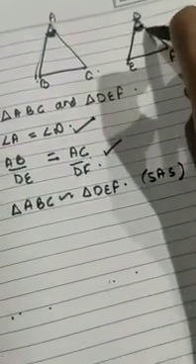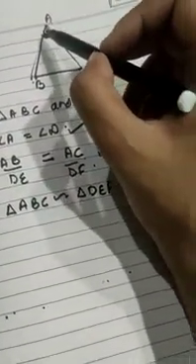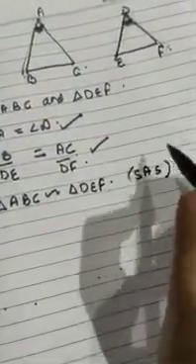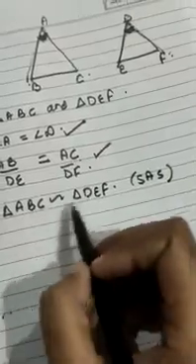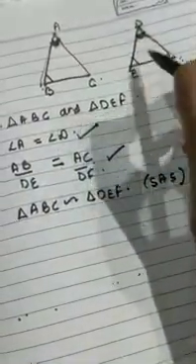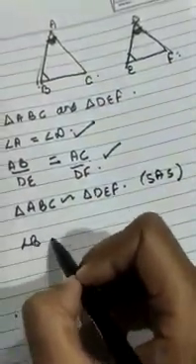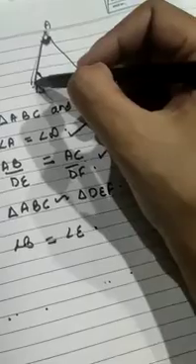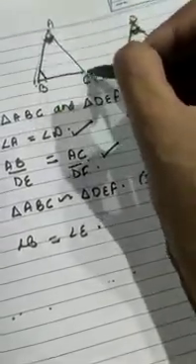So we have to take those sides which include the angles which are equal to each other. So in this case we can say that triangles are similar. Similarly, if angle B equals angle E, then the angle B includes sides AB and BC.